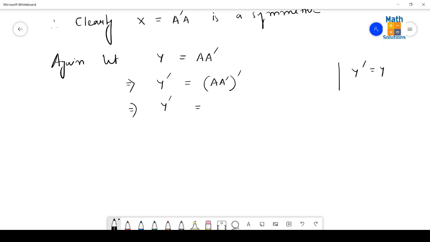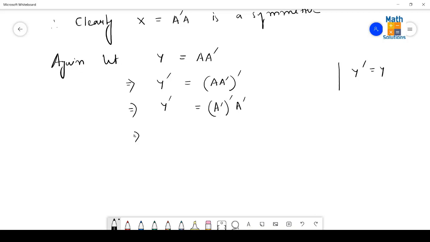Y dash is equal to, by the product rule of transpose of matrices, the order of the transposes of these two matrices will be reversed. So here I get A dash whole dash into A dash. This matrix is in the first position, followed by the transpose of the other matrix in the second place.